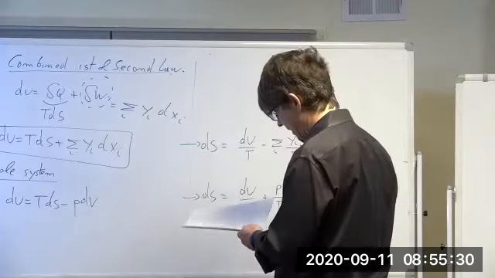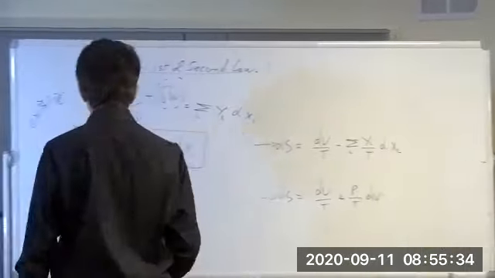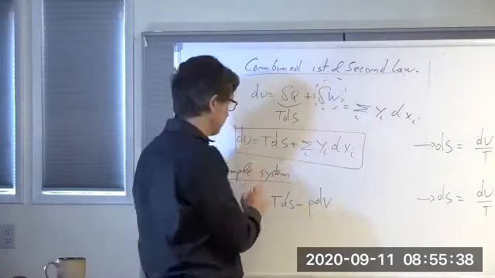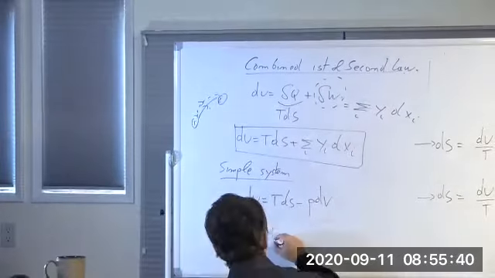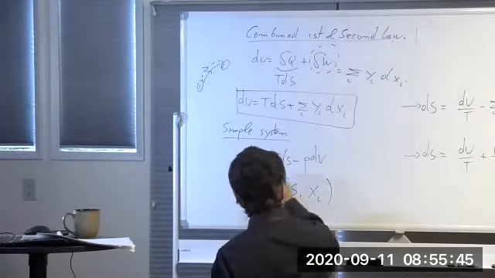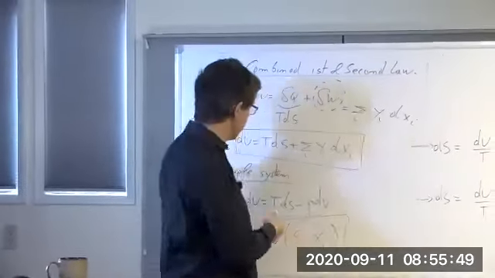This high-level math leads us to some important conclusions. So it tells us that U is a function of S and the Xi, right? Because that's what this mathematically says.